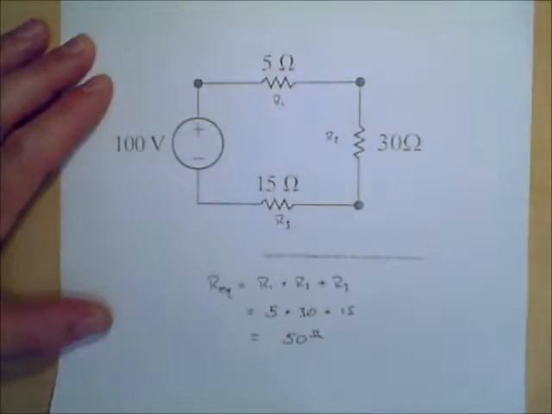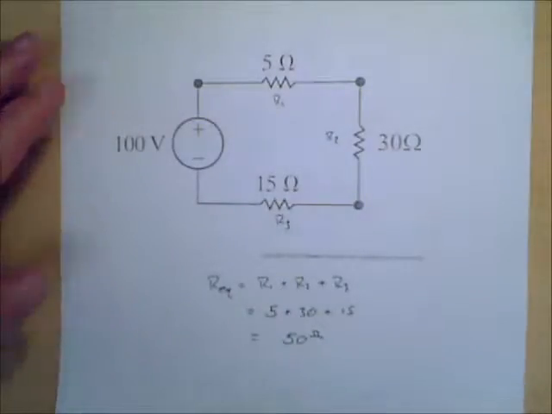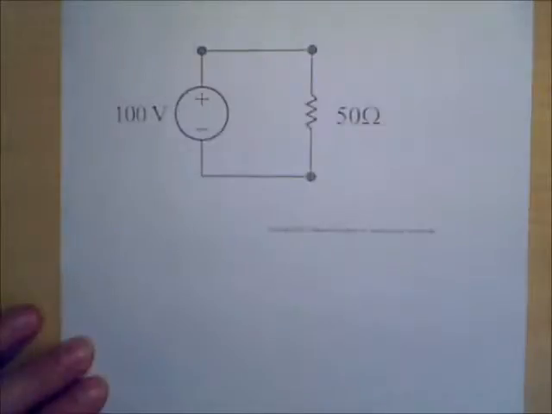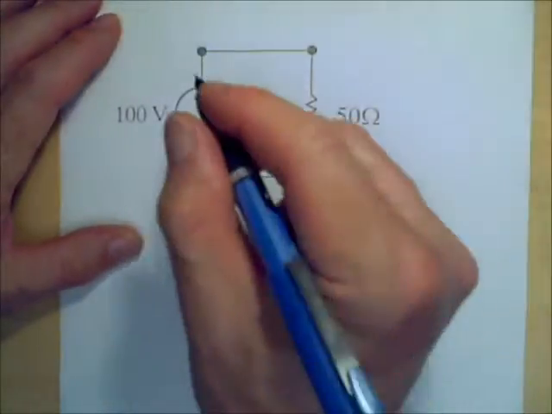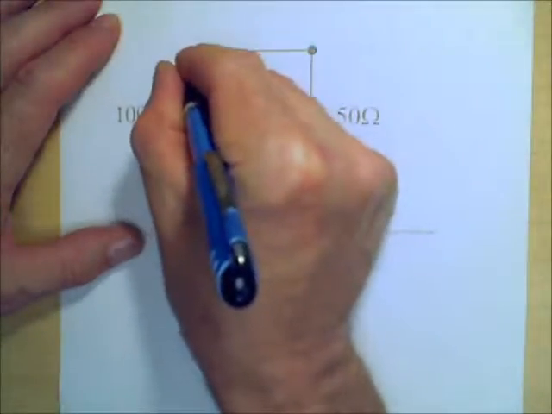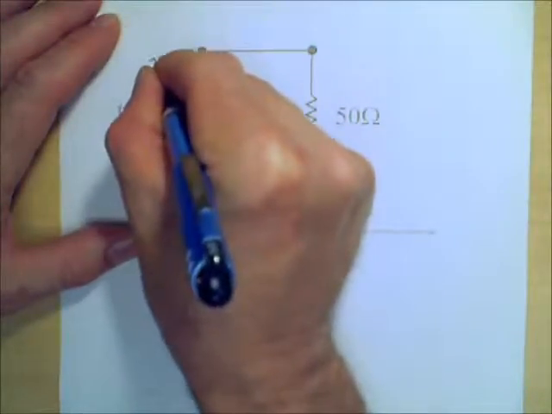So all of that equivalent resistance comes out to a single resistor of 50 ohms. 100 volts divided by 50 ohms means that the current here is 2 amps.